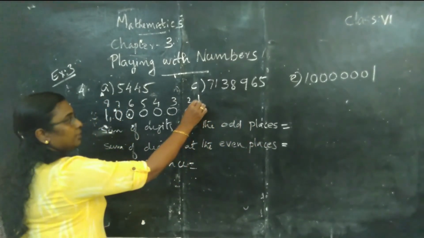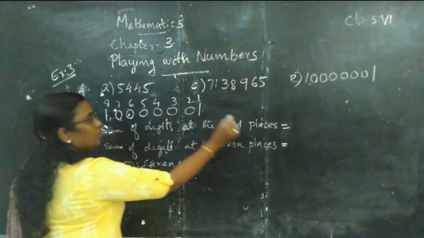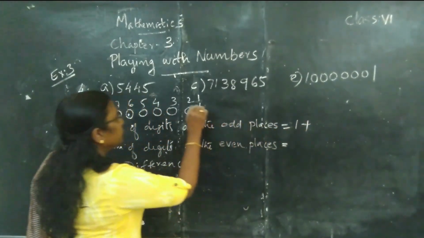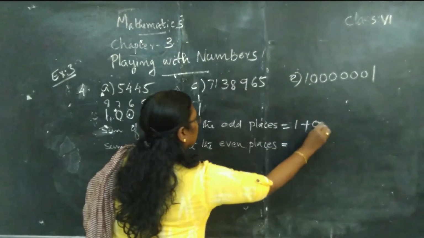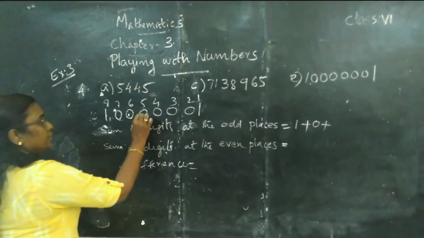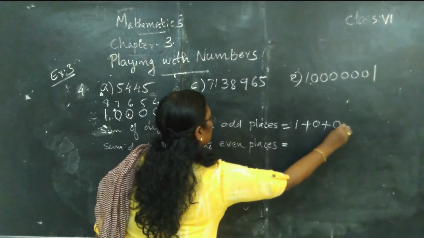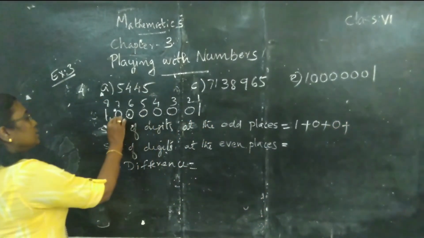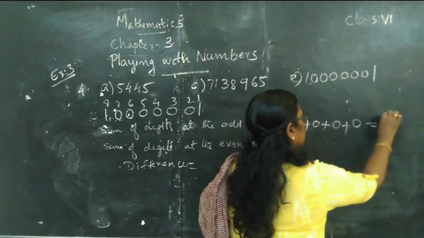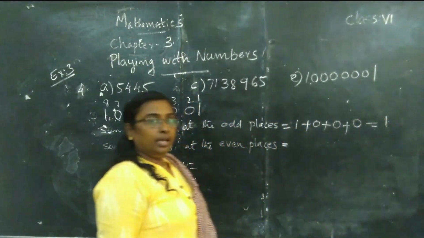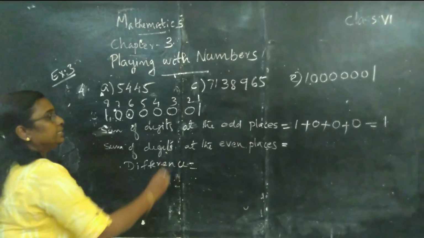The digits are 1 plus 0, plus 0, plus 0. The sum is 1.